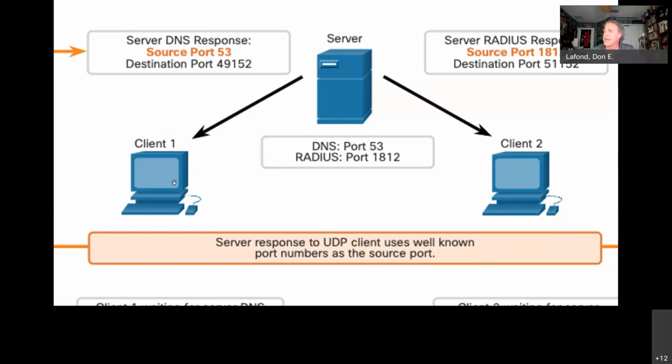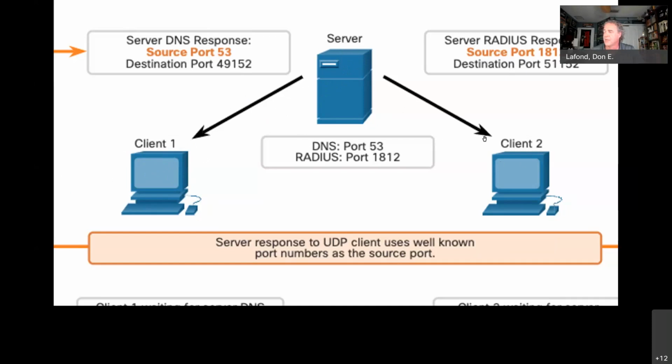Anyway, so the client sends destination port 53, source port 49152. The server receives that DNS request and sends back the information by flipping it, just like IP, just like TCP did. It flips it and sends it back, so the destination becomes 49152, and the source port is 53 because that's the server.